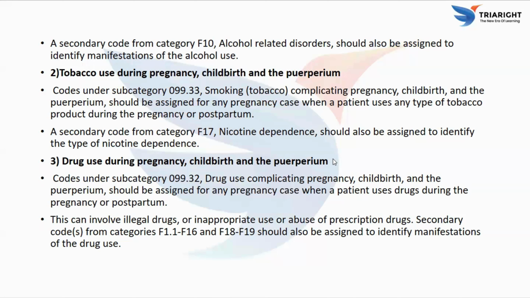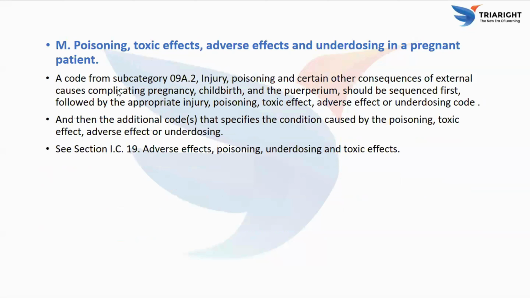So this is about drug use, and the next guideline is about poisoning, toxic effects, adverse effects, and underdosing in a pregnant patient. When a pregnant woman has a problem because of a medicine, chemical toxin, or drug, we must use specific ICD-10 rules to show that this event complicates the pregnancy and what type of substance related problem happened.